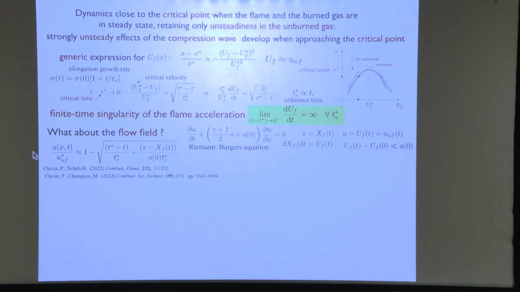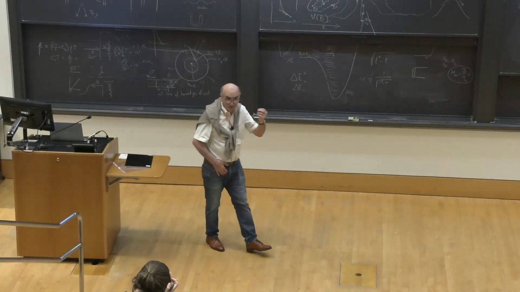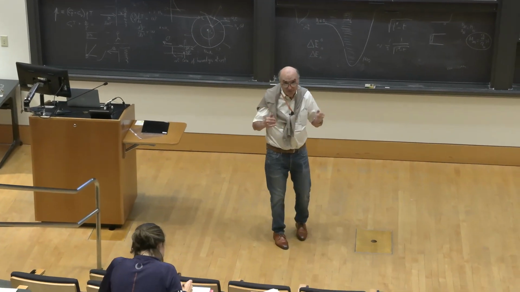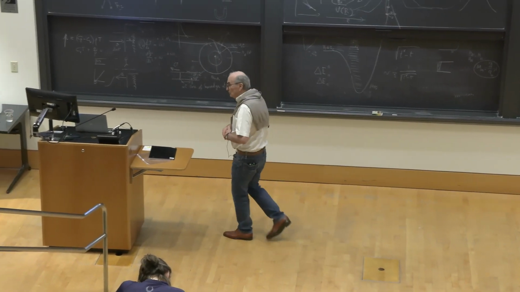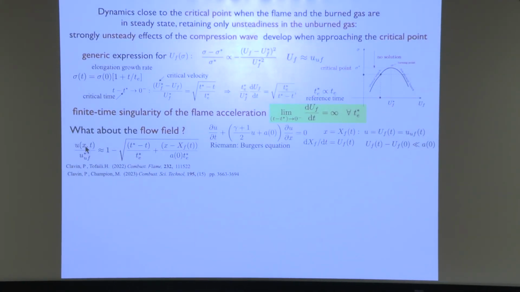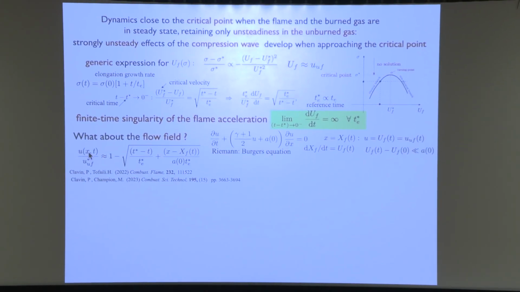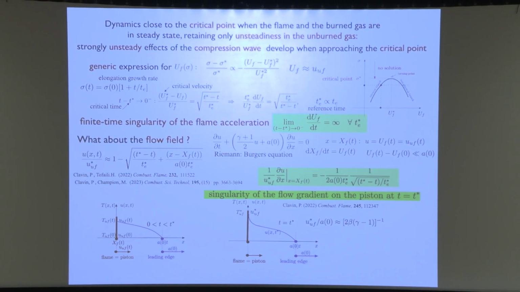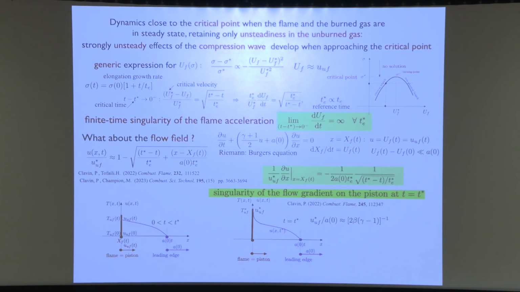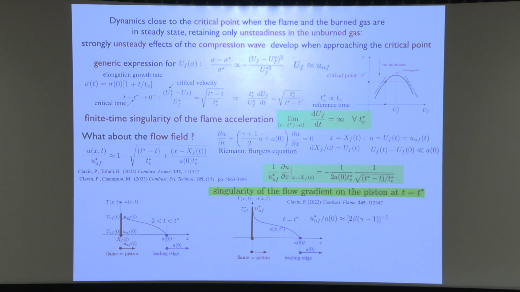Now you have the expression of the flow field when approaching the singularity. Okay, there is no divergence. The flow does not diverge. But what about the gradient of the flow? The gradient of the flow is going to diverge.